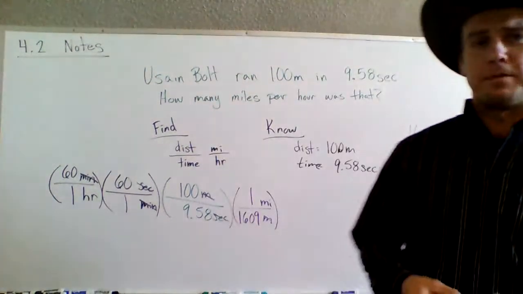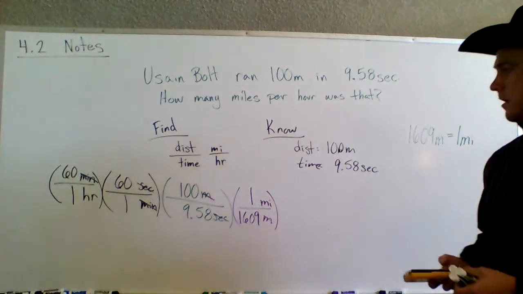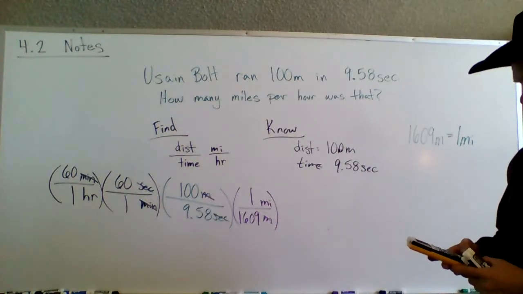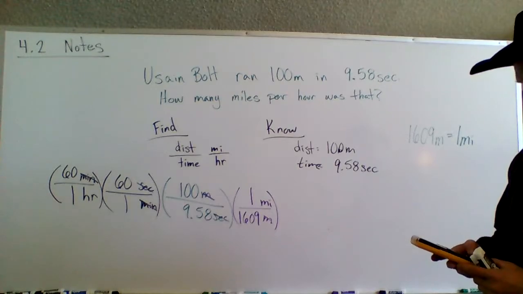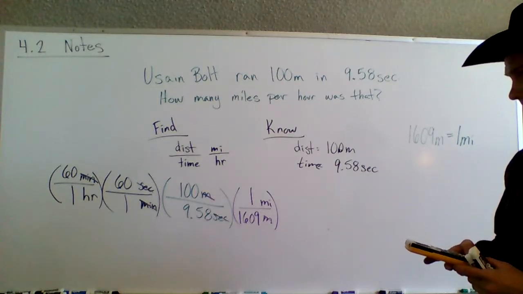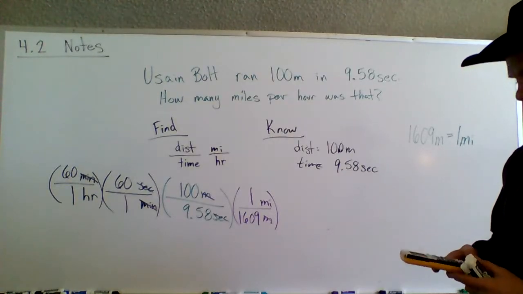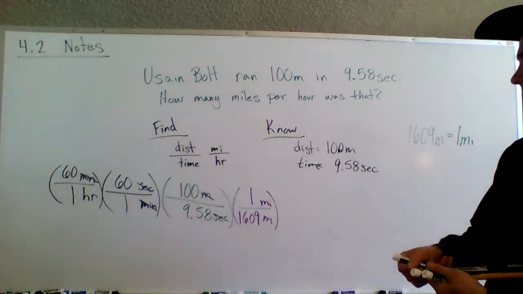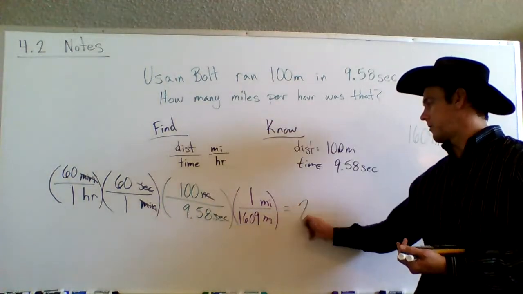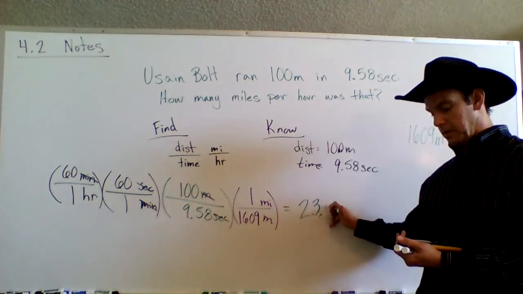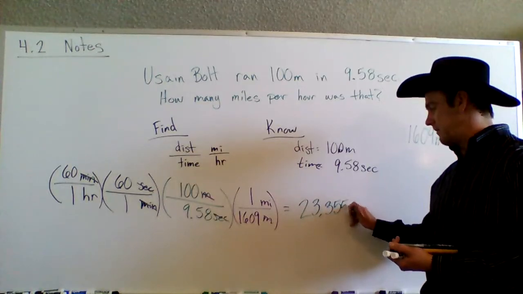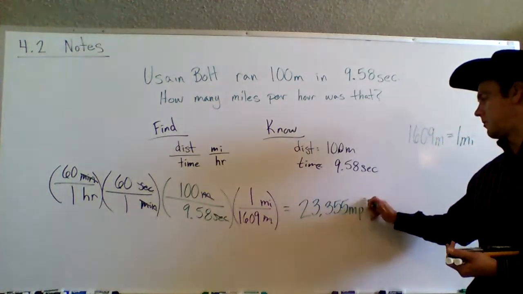All right, so we just type this in. 60 times 60 times 100. Okay, do some calculations here. We end up with an answer of 23.355 miles per hour.